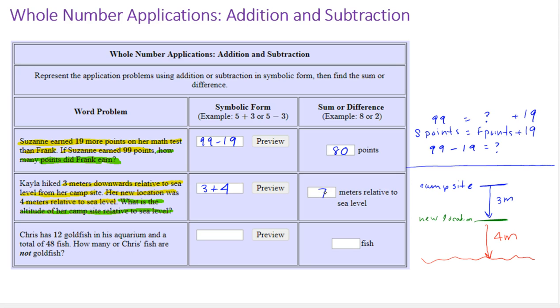Okay, and notice you have to read through these carefully, because you see she went 3 meters downwards. Well, that may make you think you need to subtract the 3, but when you sort through the structure of the rest of the problem, you see the 3 meters downwards actually needs to be combined with the 4 when you look at it relative to sea level. Always draw pictures if you can. Okay, they can be really helpful in making sense of a problem.